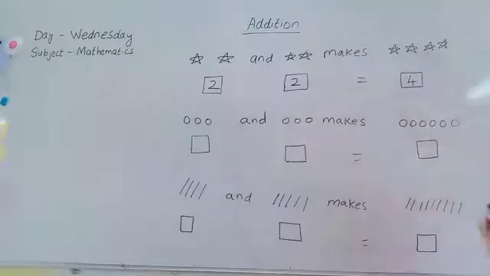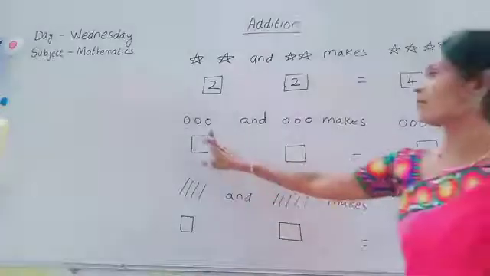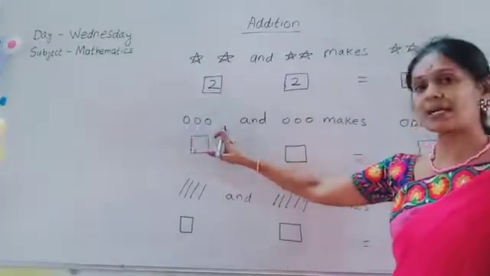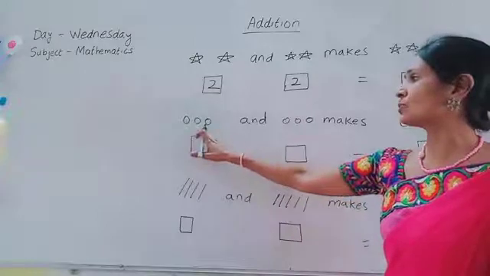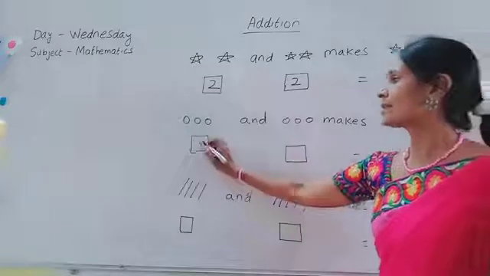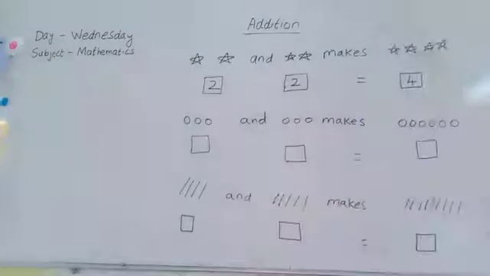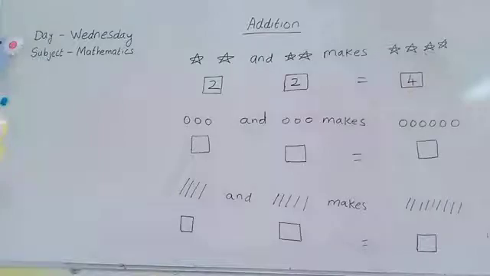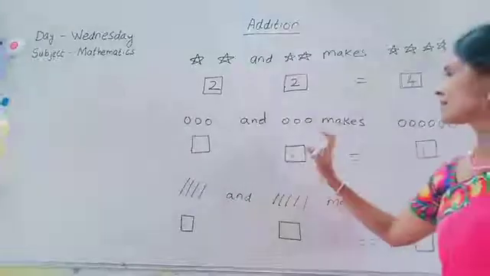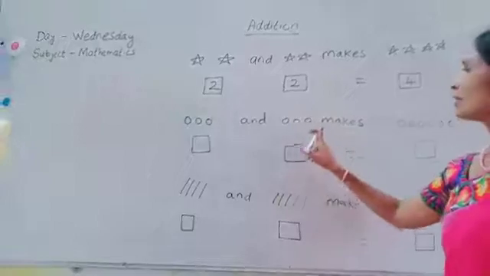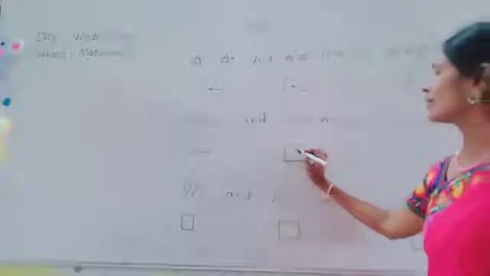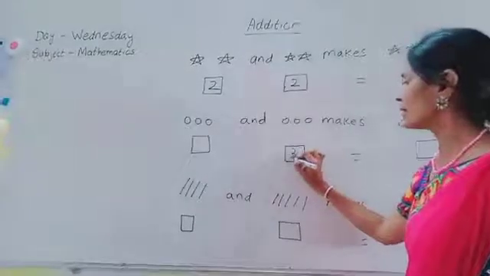Okay dear kids. Now in the same way, count the circles here. 1, 2, 3. 3 circles are here. Okay, now count the circles over here. 1, 2, 3. So we will write 3 here. Okay.